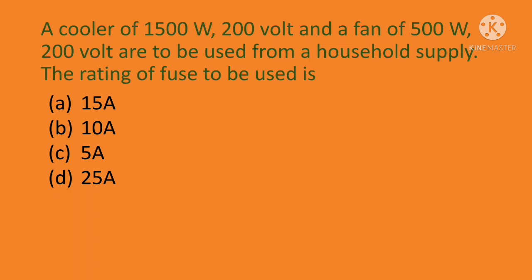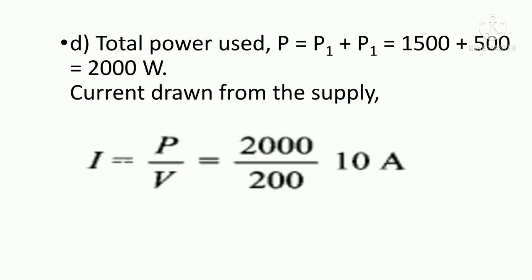What else is given? The power of the cooler is given and the potential difference is given, and the power of the fan is 500 watt, and that also uses 200 potential difference. So let us see the calculation. First we have to find the total power of the cooler and fan, say P1 and P2. P1 is 1500 and P2, the fan's power, is 500.